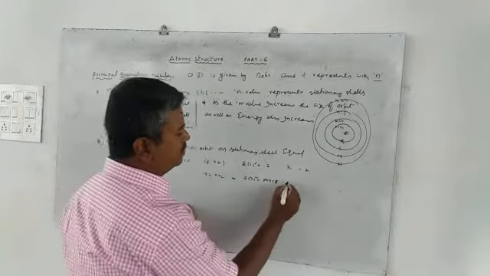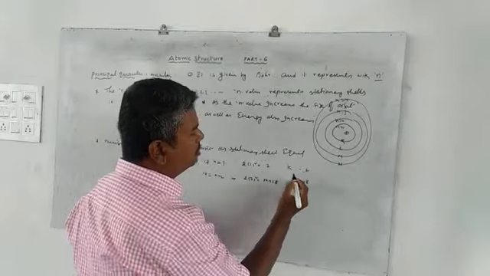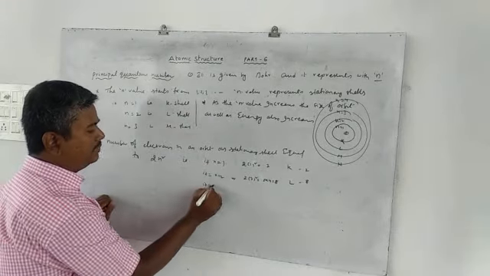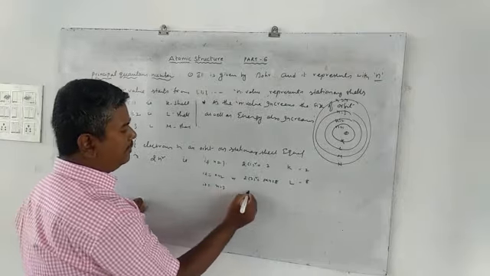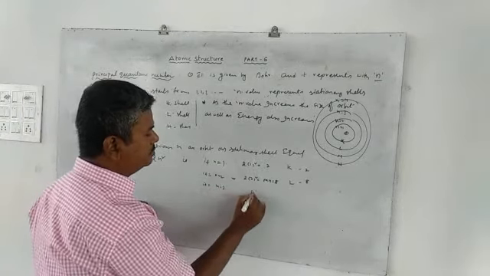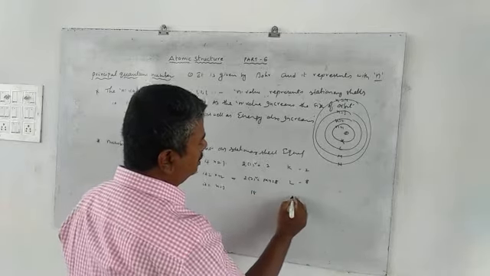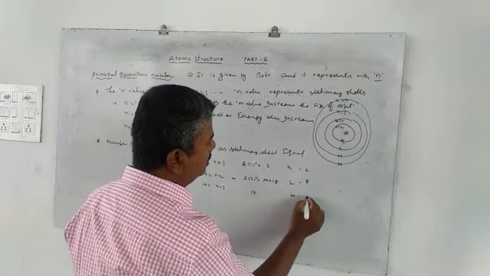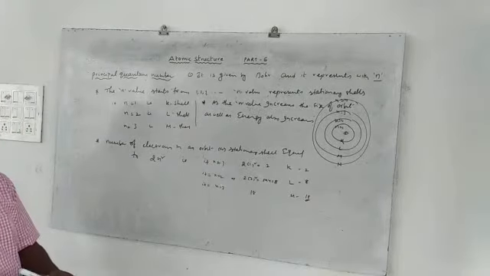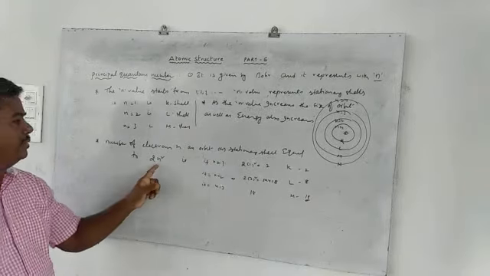That means the L shell accommodates 8 electrons. If n equal to 3, it gives 3 threes are 9, 9 twos are 18. So 18 electrons in the M shell.